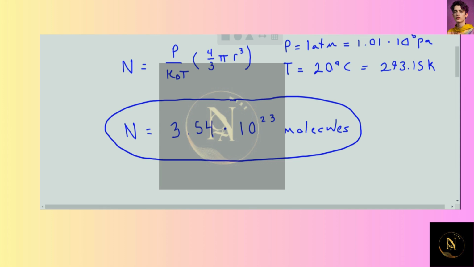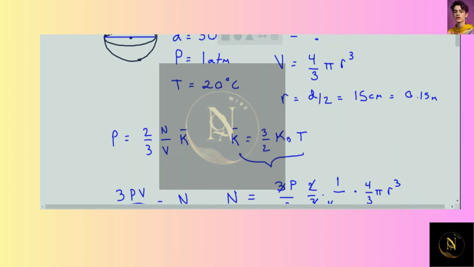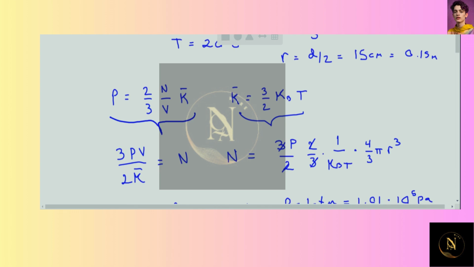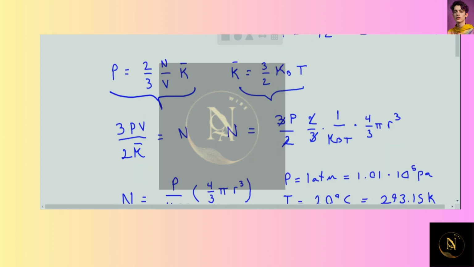Now, given that we know this, let's try to determine what the average kinetic energy is of a molecule in this helium sample. One thing we could do is refer back to this equation and solve for K instead of N. Or we could just use this 3/2 kBT here, and they should come out to the same thing. Using 3/2 kBT is a slightly more simple calculation, so we'll just do that.